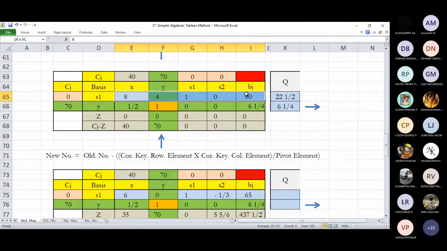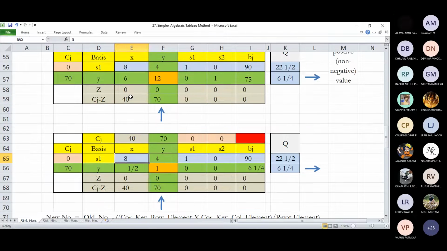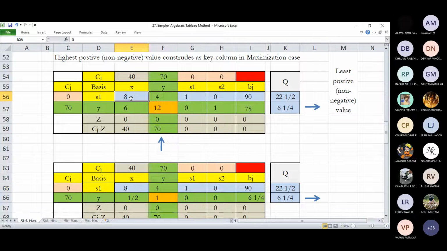So I have to do this for the entire row. I have to convert S1 in such a way that this number, the 4, becomes 0. So how do I do that? The existing number is 8.